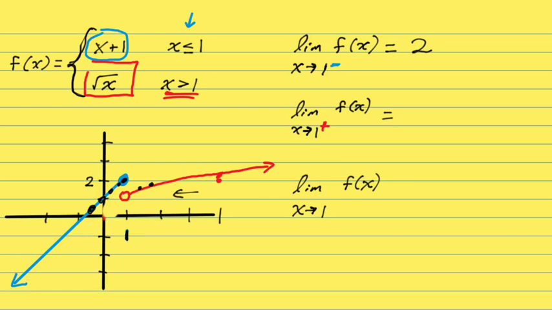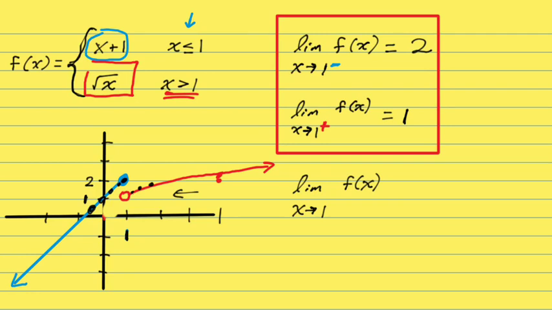What are these y values getting closer to? 1. Do they approach the same y value from the left and right? No. So you would say the limit does not exist on this last one. Does not exist. Because it's approaching a different y value from the left and right.